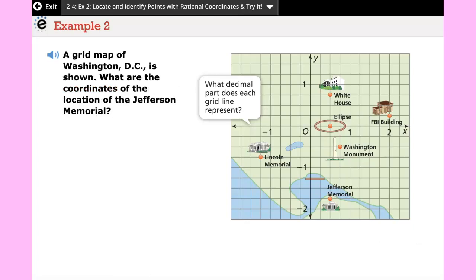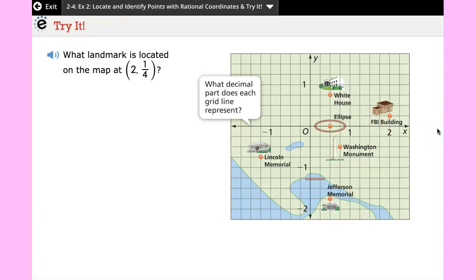What are the coordinates of the location of the Jefferson Memorial? So you know the Jefferson Memorial is here, so let's work on that. Alright, you guys try this one. What landmark is located at (2, 1/4)? The x-coordinate is 2 and the y-coordinate is 1/4. What building?